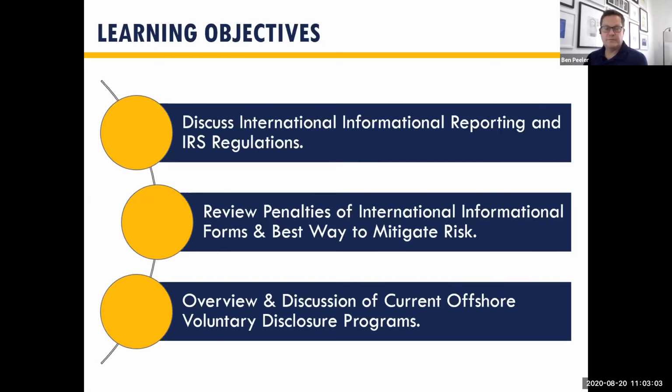Now, there's some subjective things that we'll go through, but typically, these are kind of draconian measures that were put into place to make sure people don't hide their foreign assets. So these are some tough regulations and some tough rules. We'll go over each of these penalties and how steep they can be, but we'll also talk about how to mitigate those penalties and even fight them if necessary.